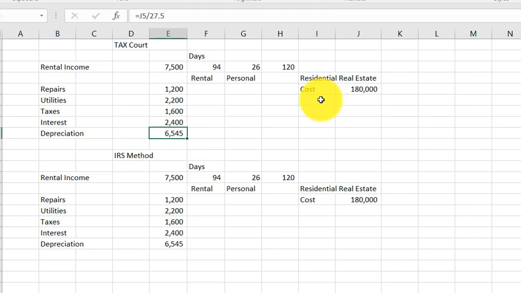Now, I will tell you that you can depreciate other pieces in the house, like furniture and appliances that you may provide to your renter, separately from the real estate.